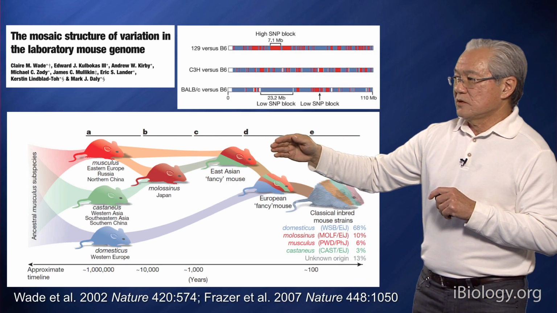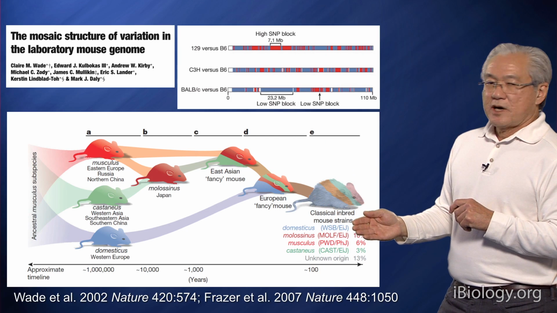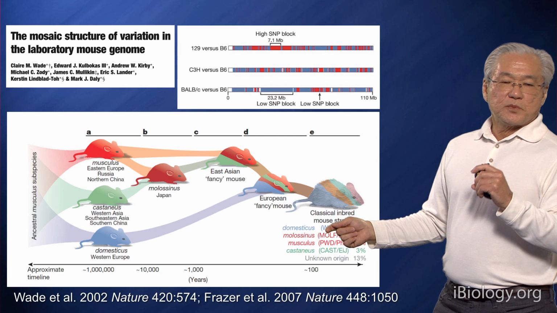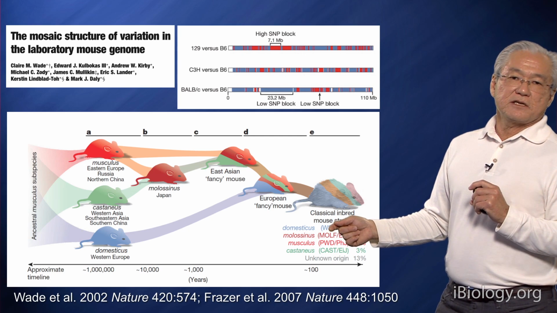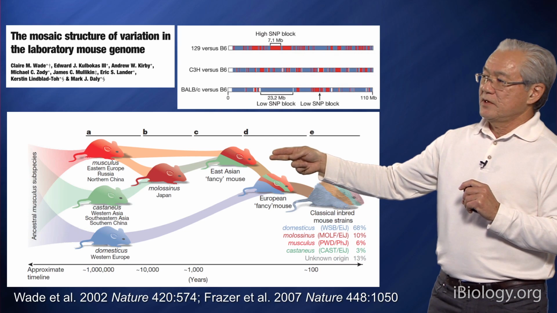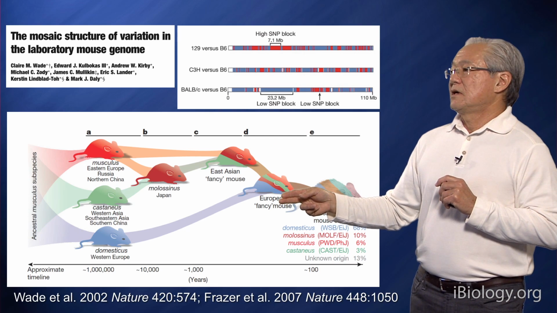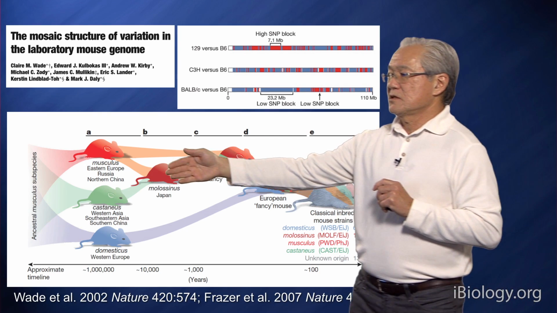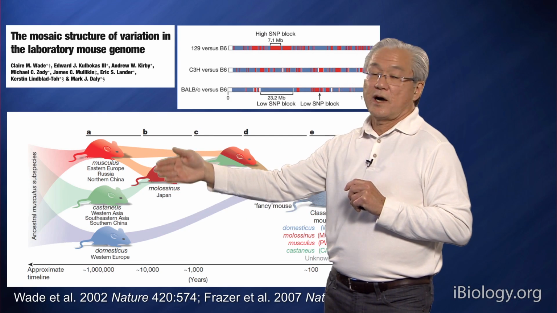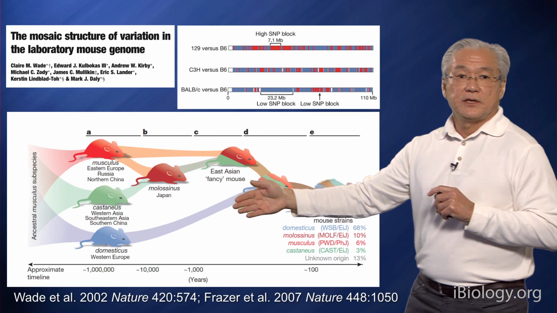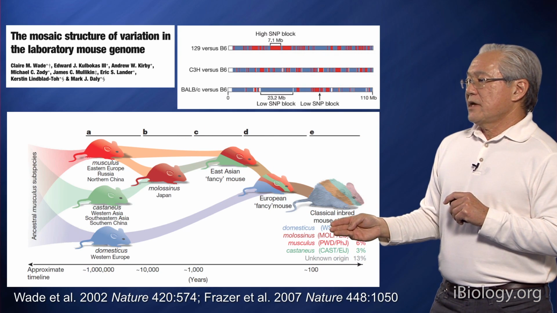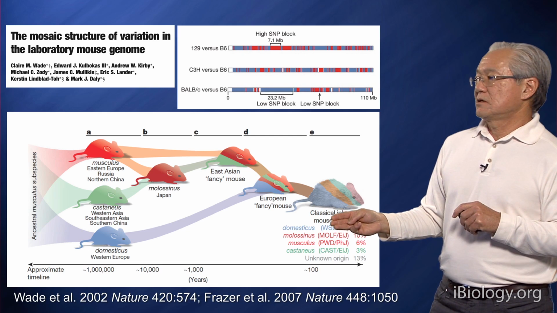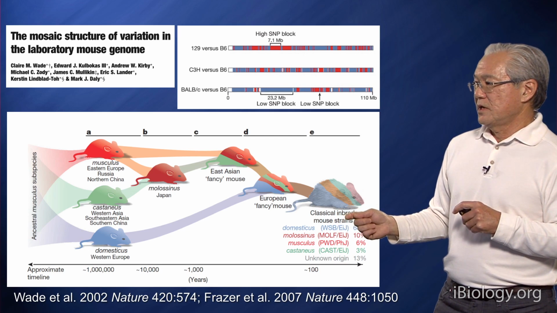And in general, the laboratory mice that we use today are really derived from mouse breeders that domesticated mice both in Asia and in Europe. And these mice were ultimately derived from these different natural wild progenitor strains. So inbred strains are really not pure species. They're really mixtures of different species of mice.